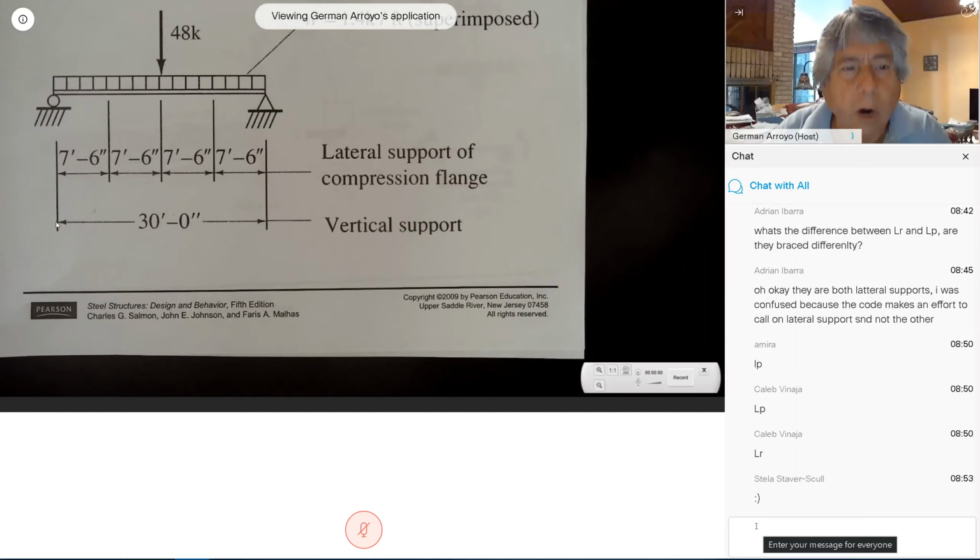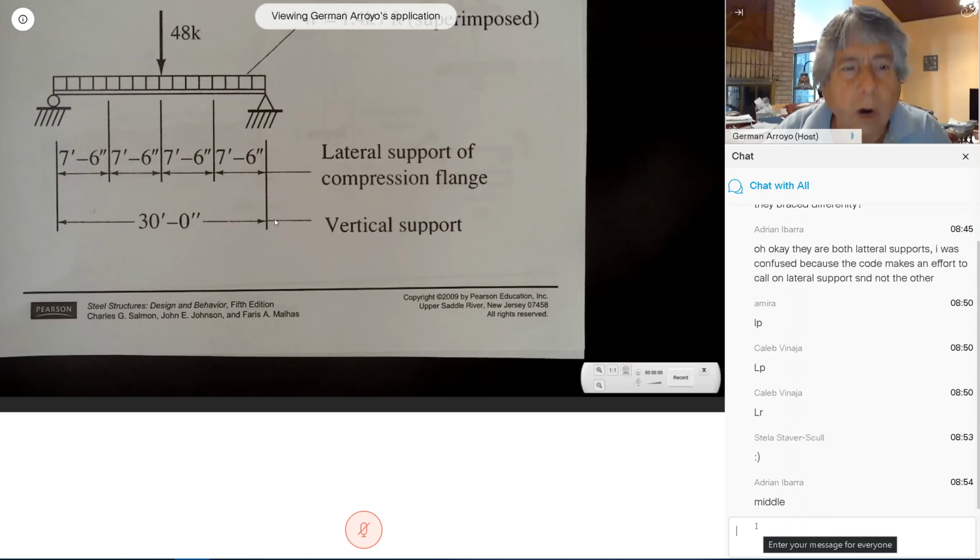To do our design, which one is the worst condition? Or which ones? This one, the 1, 2, 3, or 4. To do my design, I have to find M sub U. Which one is the middle? This middle or that middle, because the moment is larger in here. So we have to remember that.